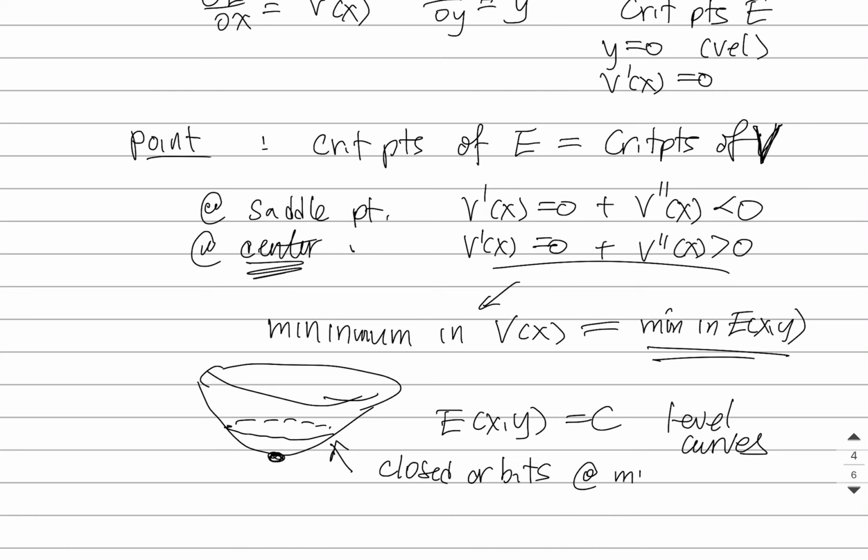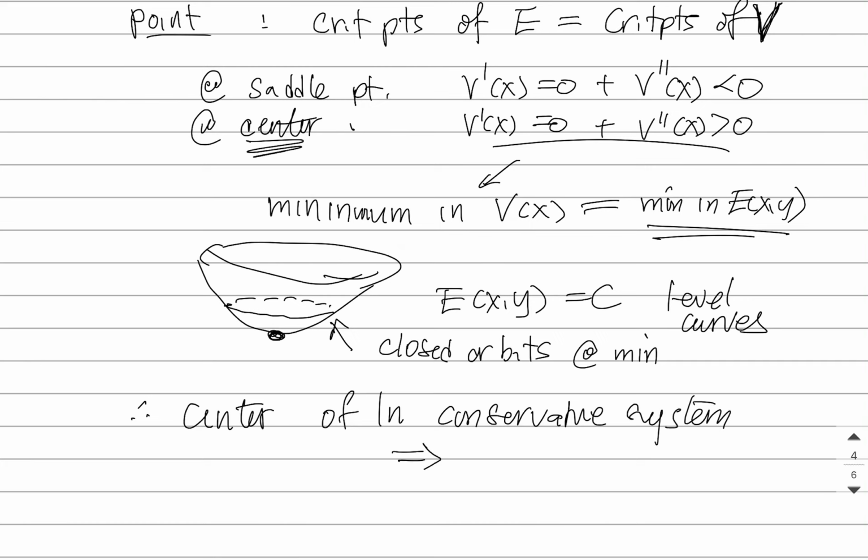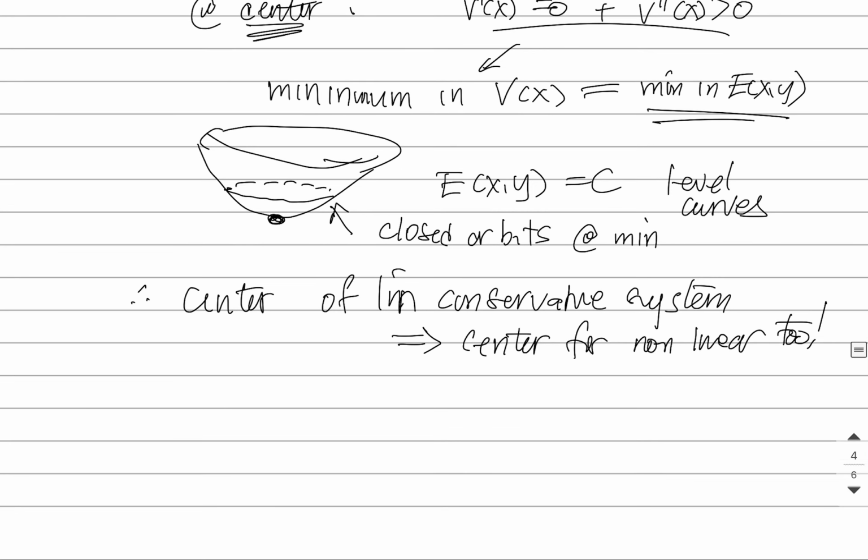And that's an argument that you can make to try to justify why a center of a linear conservative system will also imply that it's a center for the nonlinear system. And that's going to tell us all we need.